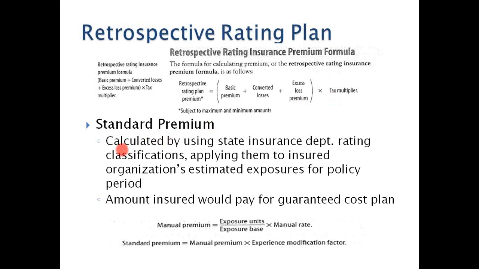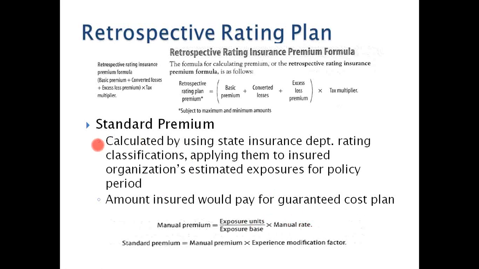So what's your standard premium? This goes to manual premium. Standard premium equals your manual premium times your experience modification factor. Typically, what you would normally pay is your standard premium, and you'll see how all this works out in a moment.